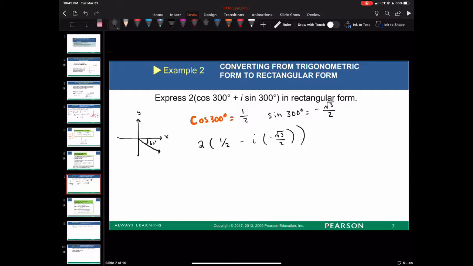When we multiply this through, we'll have 1, plus, that should have been a plus right here, so it's 1 minus, and then we should have i times the square root of 3 when you simplify it.